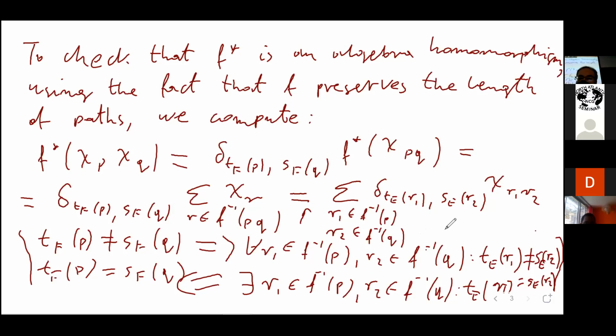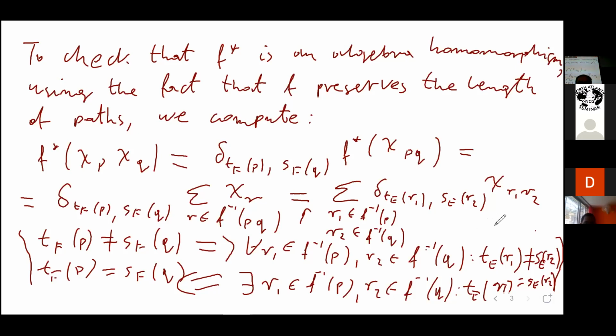Because when we have a multiplication that is 0, and we go by homomorphism to PQ, PQ must be 0, and when it's not 0, it's equal.